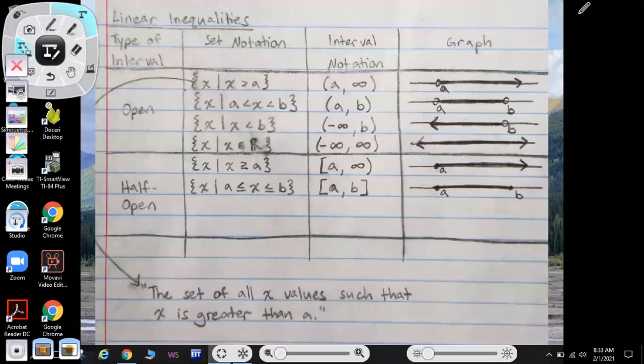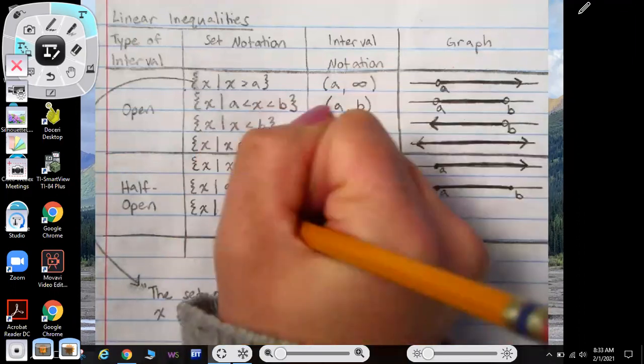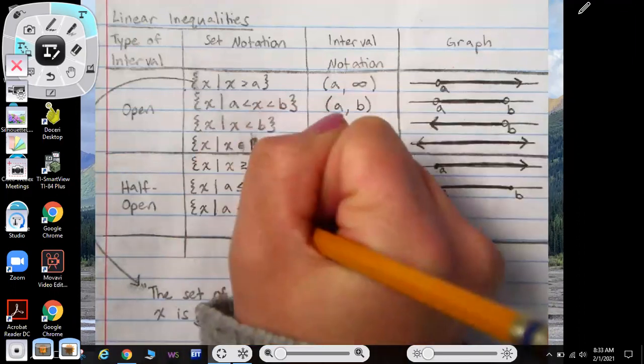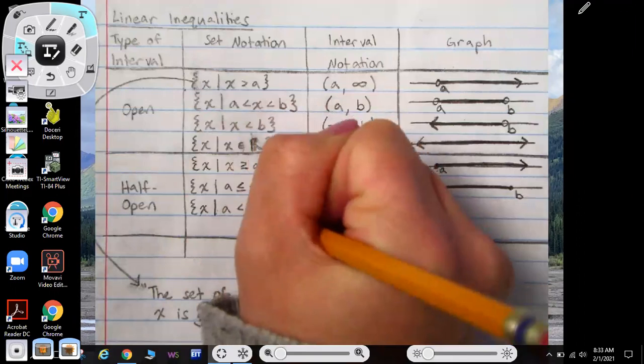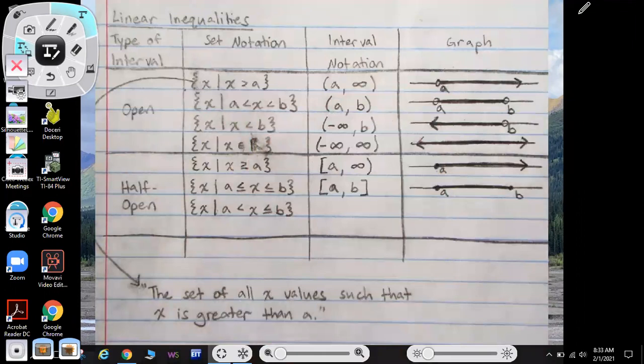Okay, next one, in set notation, the set of all x values such that we have another three-part inequality. X is greater than A, not equal to. We're not using an or equals to symbol on that one.